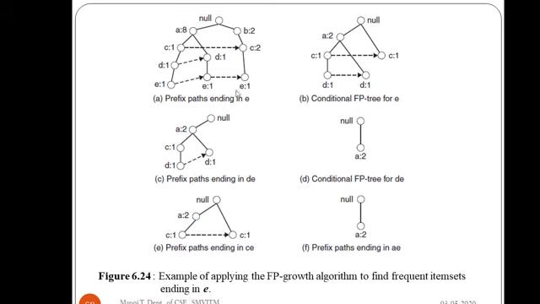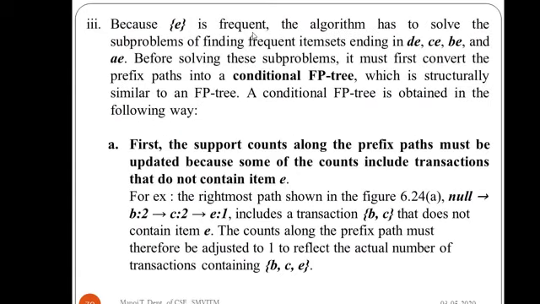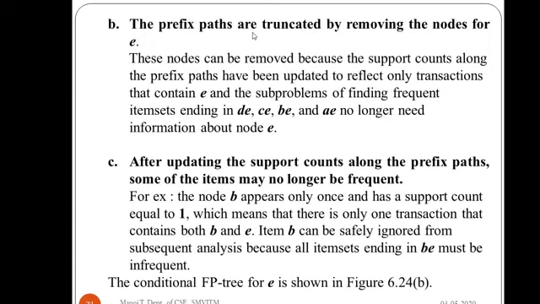See here, all the E's are removed for the conditional FP tree, and C is converted to 1. We will see why B has been removed. The third point is, after updating the support counts along the prefix paths, some of the items may no longer be frequent.